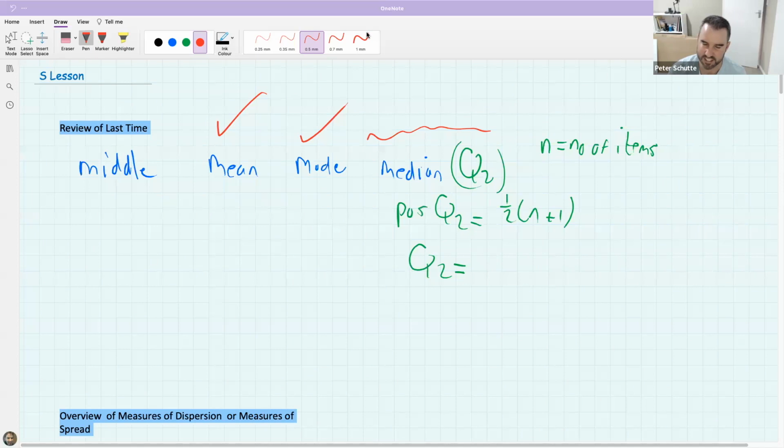Lumelo, exactly. You need to rank or arrange the data from smallest to biggest. If you haven't done that, you won't get the median correctly, because the positions won't be set up properly. The other thing about the median is that it is not as affected by outliers.